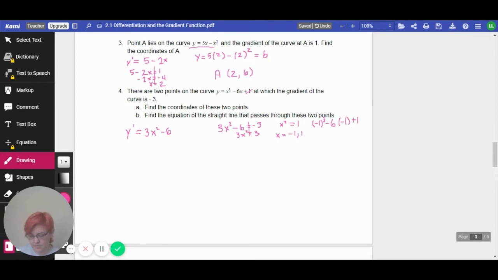All right, negative 1 cubed minus 6 times negative 1 plus 1 is 6. So one of my points is at negative 1, 6.